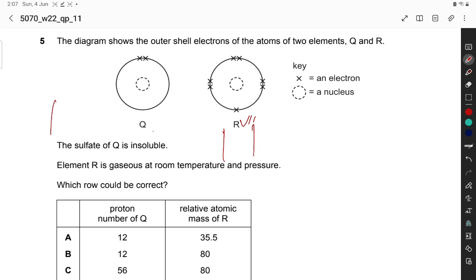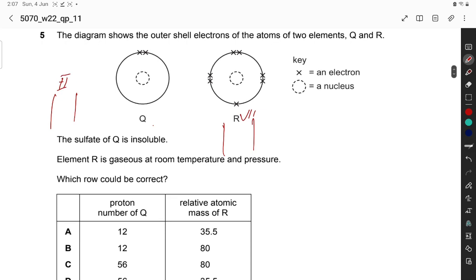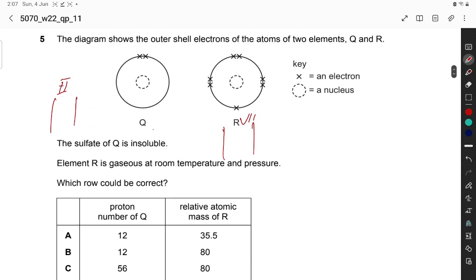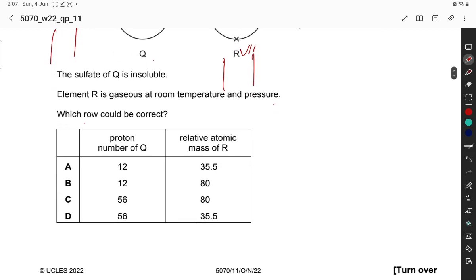Q has 2, so Q belongs to group 2 because group 2 elements have 2 valence shell electrons. Which row could be correct?